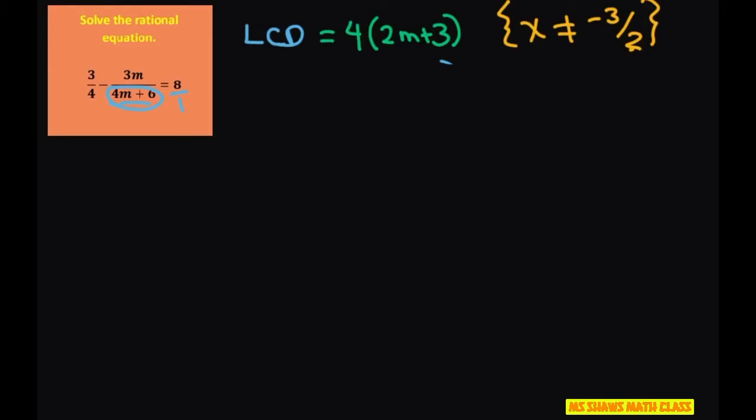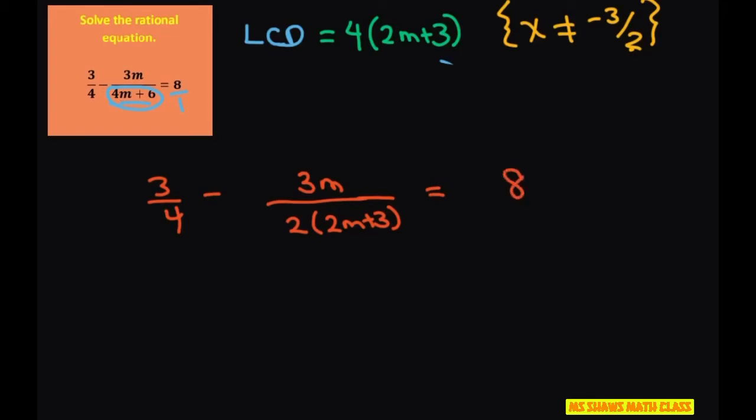And what you're going to do is write out your equation. So we're going to write 3/4 minus 3m. I'm going to go ahead and bring out that 2. So that's going to be 2m plus 3. You always want to have it factored. Equals 8.